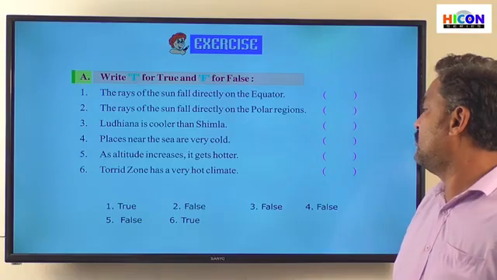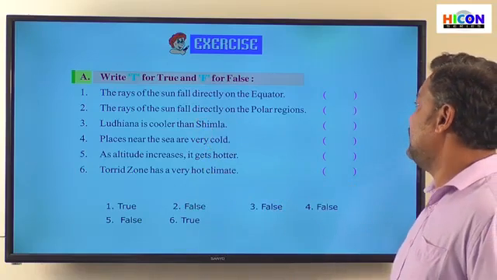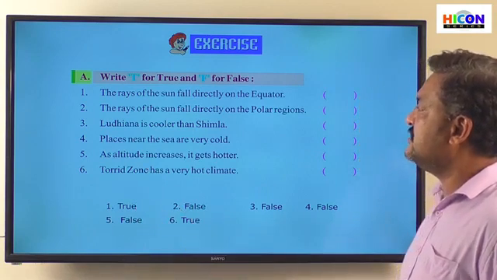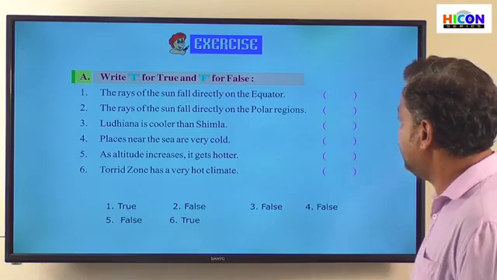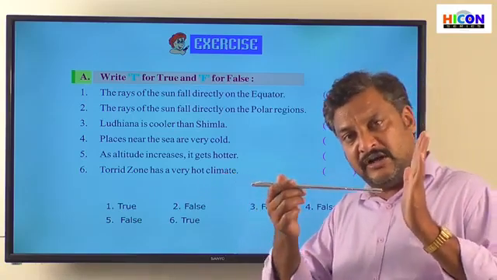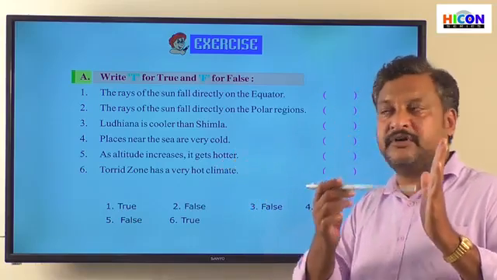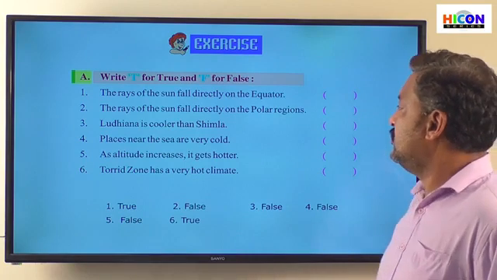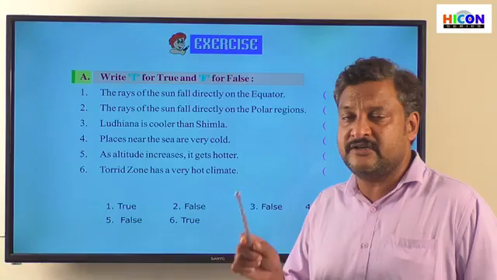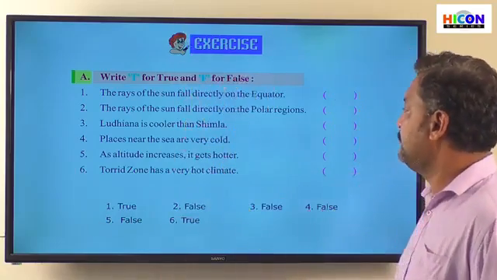Okay. So we will check the answers once again. See, the rays of the sun fall directly on the equator is a true statement. The rays of the sun fall directly on the polar region is a false statement, because there it does not fall as a direct hit, but as a slanting one. Third one, Ludhiana is cooler than Shimla is false, because Ludhiana is of a lower altitude and Shimla is of a higher altitude.